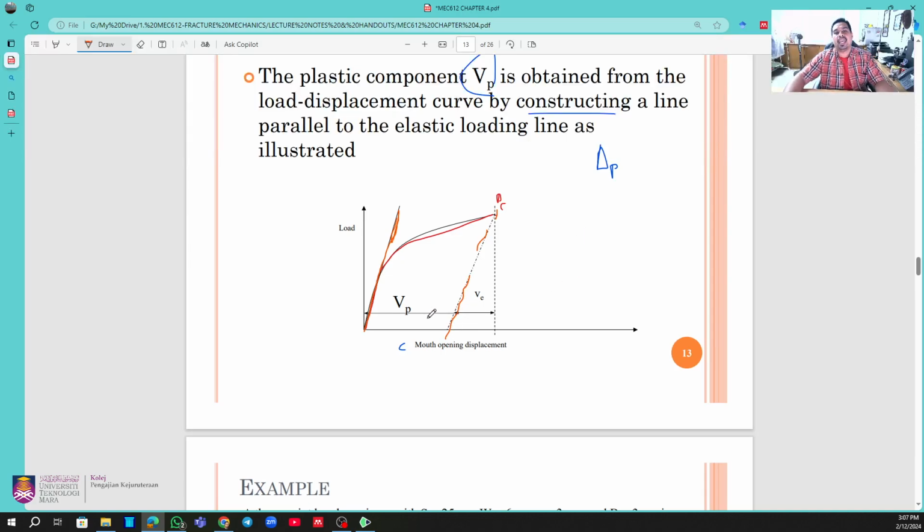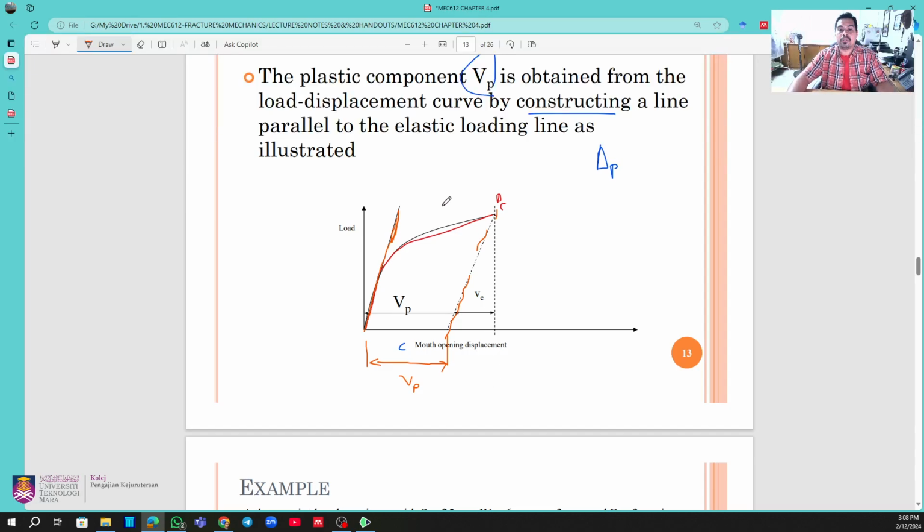Then you have to measure from the offset line, from here to this point. This line represents the VP value, and VP is the displacement value in units of meters, millimeters, or centimeters.